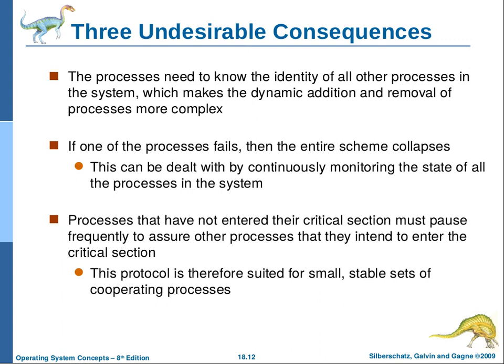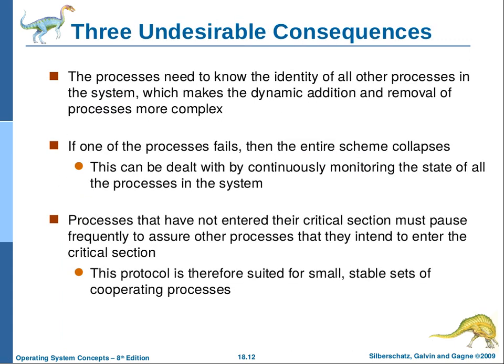Somehow having other machines be able to do that will be good. Processes that have not entered the critical section must pause frequently to assure other processes they intend to enter the critical section. AKA, if you're happily computing, all of a sudden you get a request, you've got to stop what you're doing, service the request, and then go back. So there's a little performance cost there. But you do get rid of starvation and deadlock.